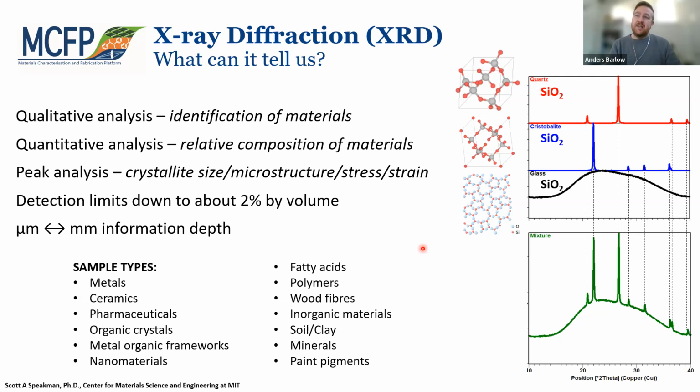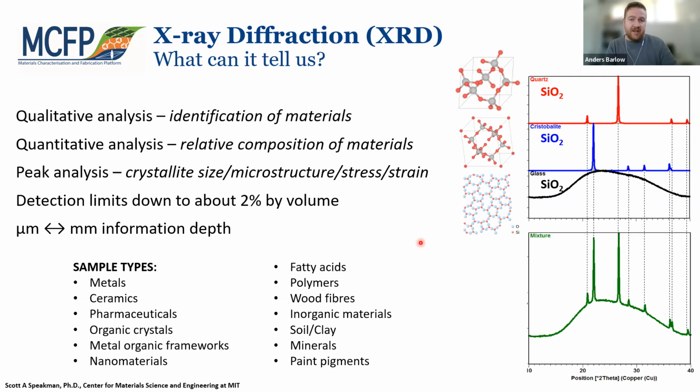XRD has detection limits down to about 1 to 2% by volume, again depending on how well prepared your sample is for the instrument, the crystallinity, and the actual phases that we're talking about. But it doesn't go down as low as what XRF will do in terms of detection limits. So we're looking at a bottom end of 1 to 2% for powder XRD.